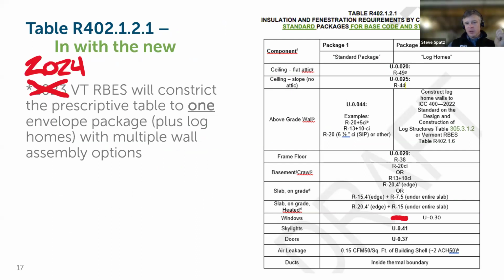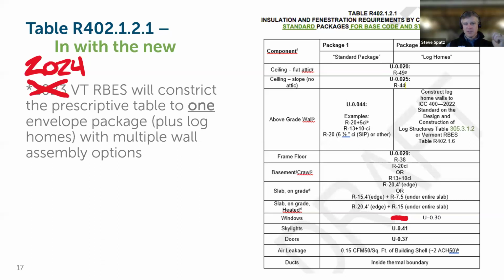So we're going from what's in the 2020 code right now of 5 package options to choose from to this, which is the new table for package options in the code. And as I said, package 2 is specific to log homes. So there's a specific criteria available to reference from the ICC about log home options.